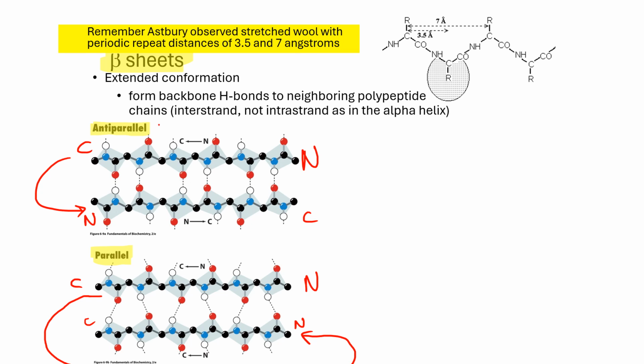Now, our anti-parallel beta sheets, one of the things that I want you to observe about this is that here's my hydrogen bonds. The anti-parallel nomenclature is related to our strands. They are going N to C, N to C. So they are opposite. They are in an anti-configuration or direction.